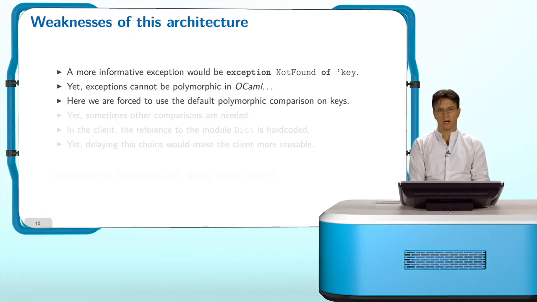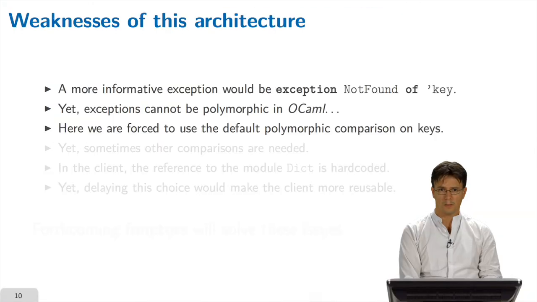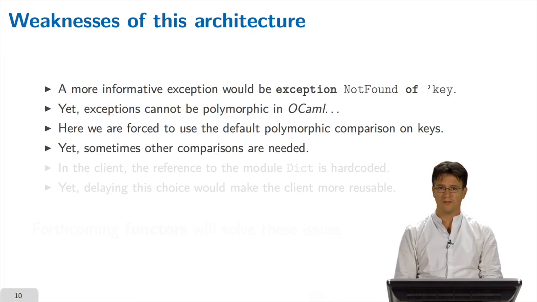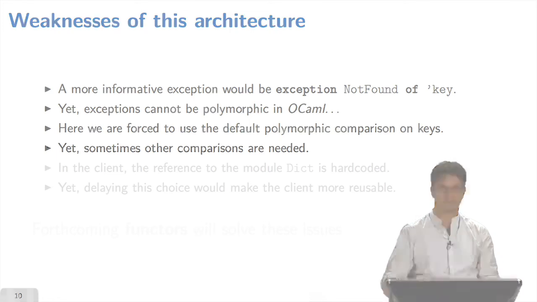Also, our dictionary implementations based on trees and lists use the default polymorphic comparisons of values that OCaml provides, but sometimes it can be convenient to define another comparison, and that's not really possible in our implementation.